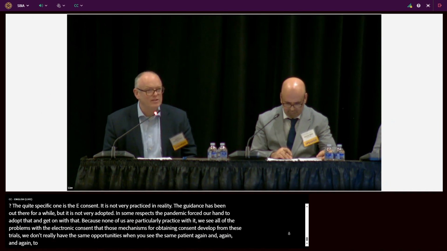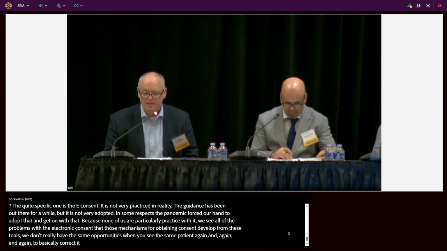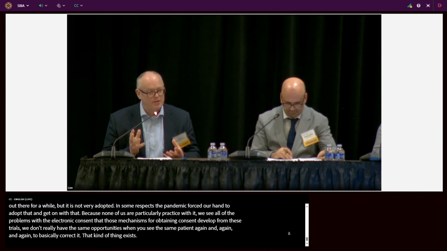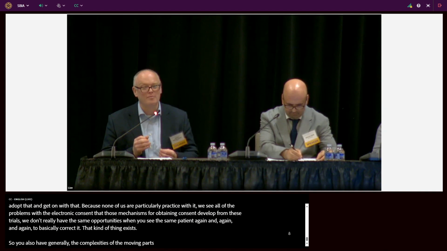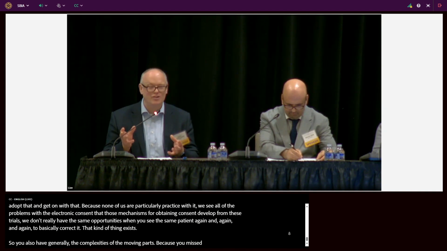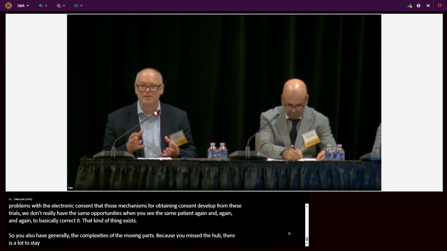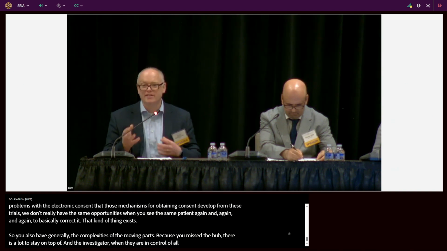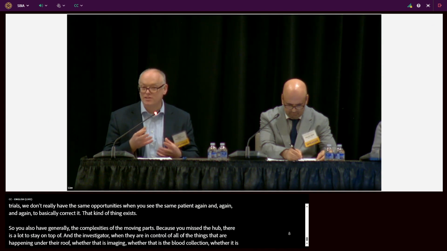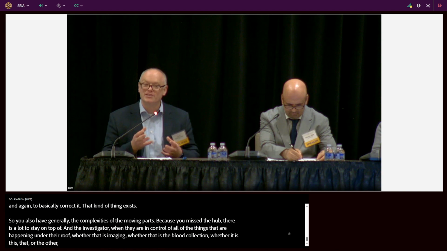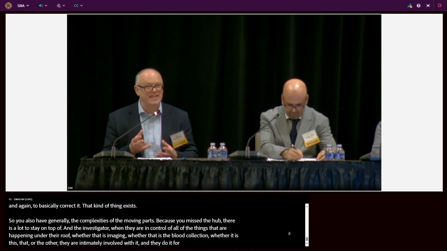You've also got generally the complexities of all the moving parts. Because you miss that hub, there's a lot to stay on top of. When the investigator is in control of all of the things happening under their roof, whether that's imaging, blood collection, this, that, and the other, they're much more intimately involved. They do it for lots of research studies, general practice, whatever it might be, so they understand how it fits together.